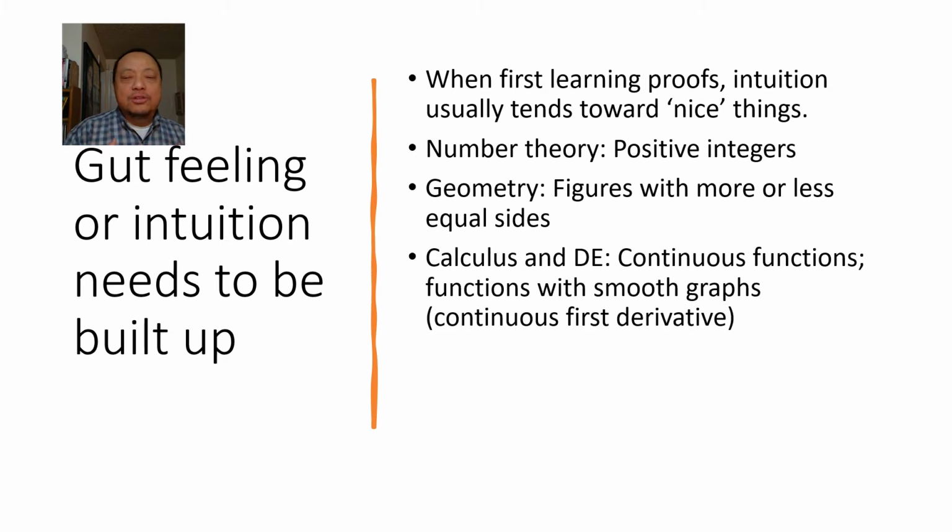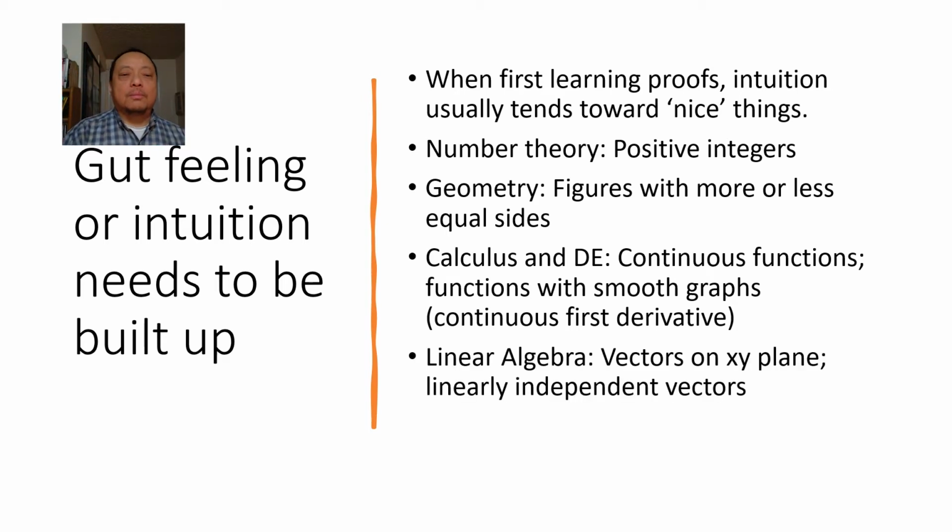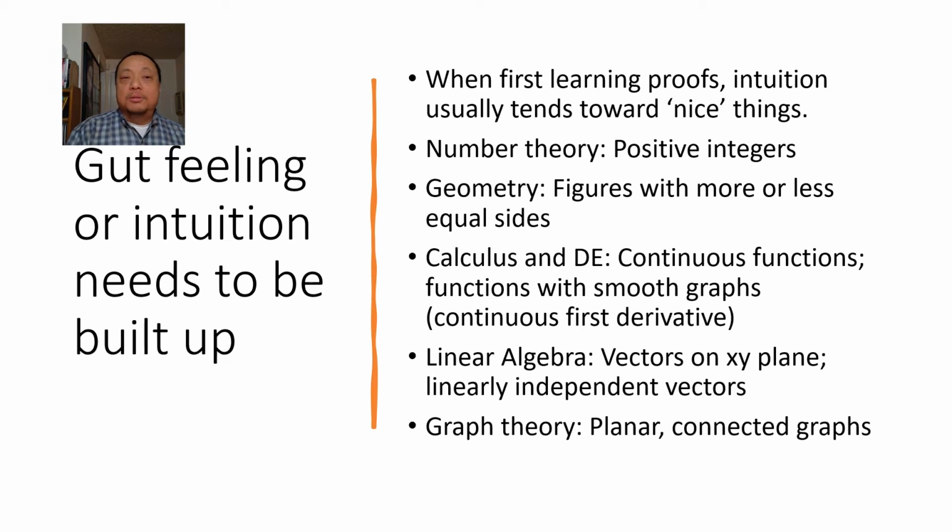In calculus and differential equations, our gut feeling is mostly based on continuous functions with continuous derivatives. They got nice and smooth graphs. In linear algebra, we may tend toward vectors that are on the xy plane and that are pointing in different directions. In graph theory, we tend to think of planar graphs that are connected.